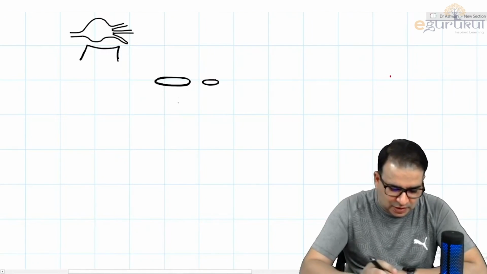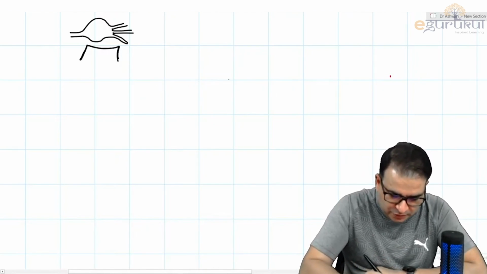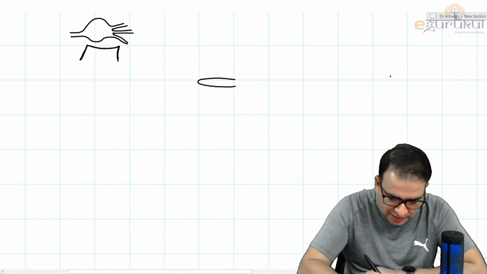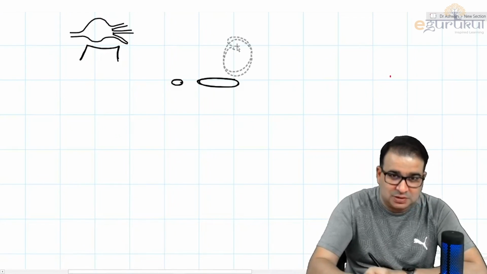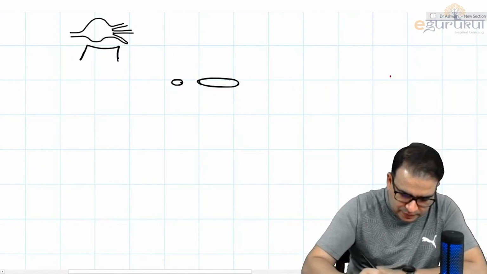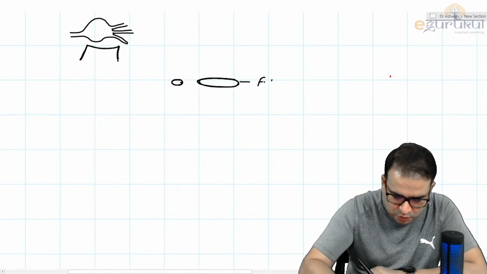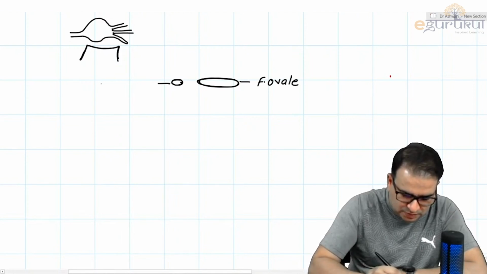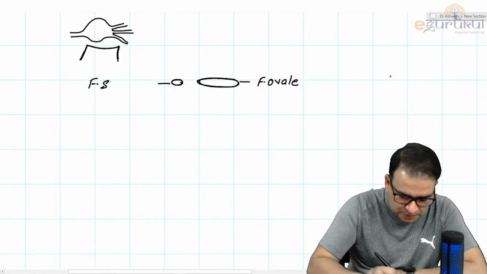In fact, I should draw the ovale in front, if I go technically correct here. That is the foramen ovale, and then behind it, that is the foramen spinosum. Let's say this is the anterior side, and that's the posterior side. Mandibular nerve, this is the foramen ovale. And here we have the foramen spinosum.